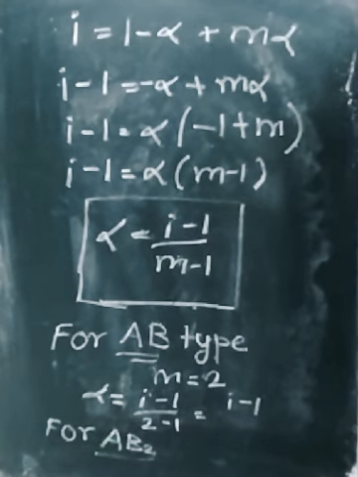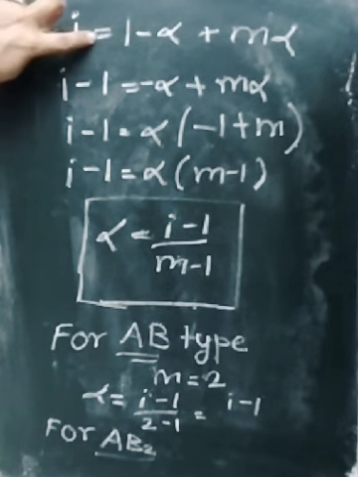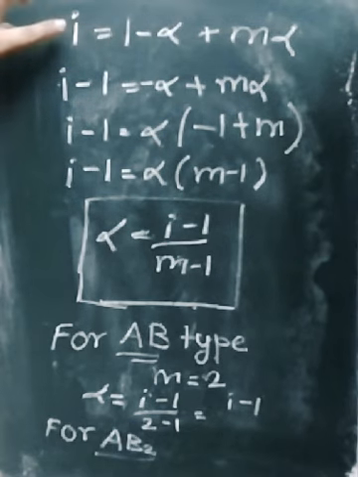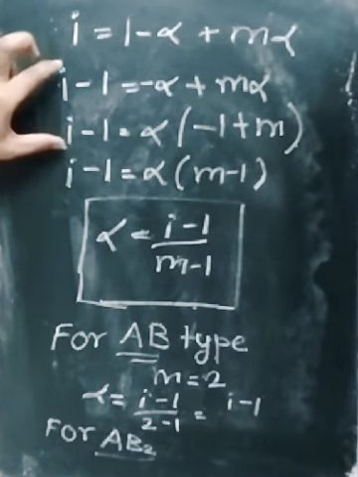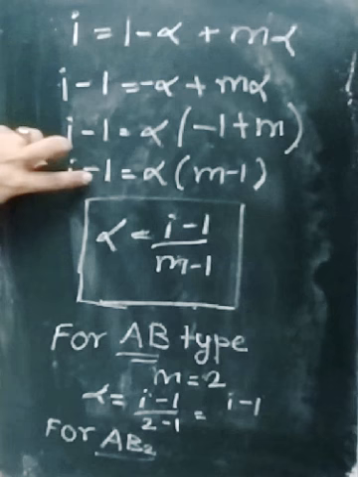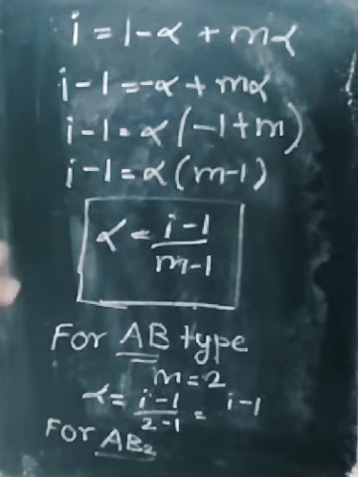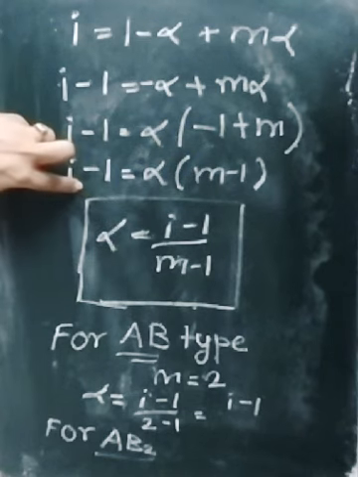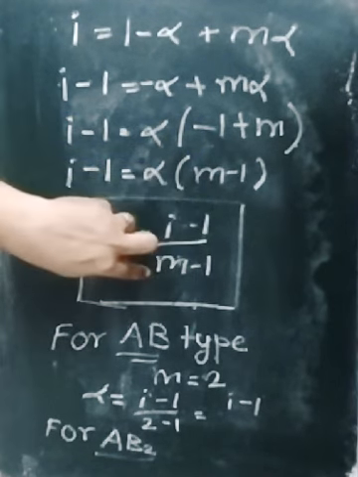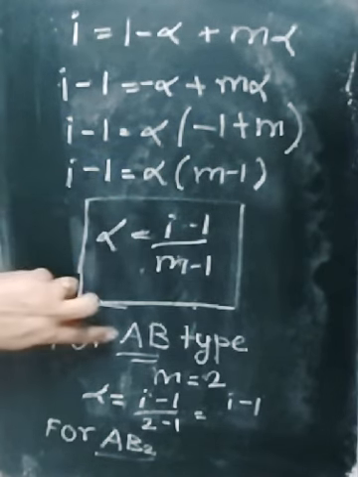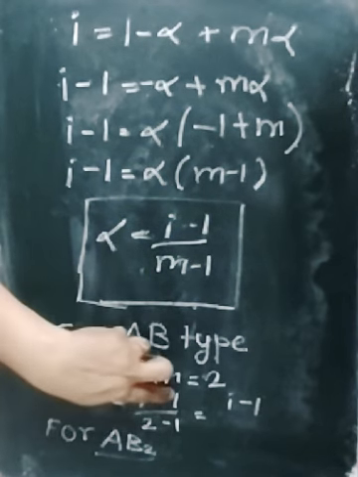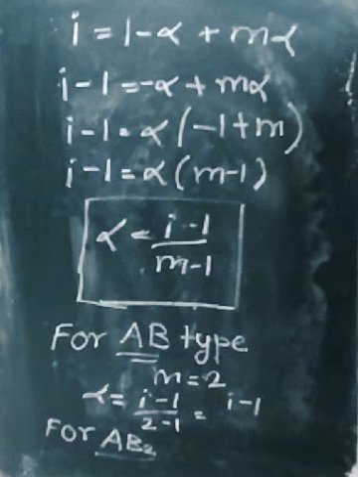I hope you got i equals 1 minus alpha plus m alpha. On solving, these steps usually skip directly to i minus 1 equals alpha times m minus 1. From here, cross multiplying, alpha is i minus 1 upon m minus 1. For AB type we get 2 ions, so i minus 1 upon 2 minus 1, that is i minus 1.